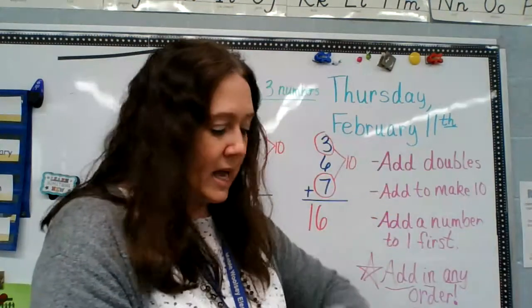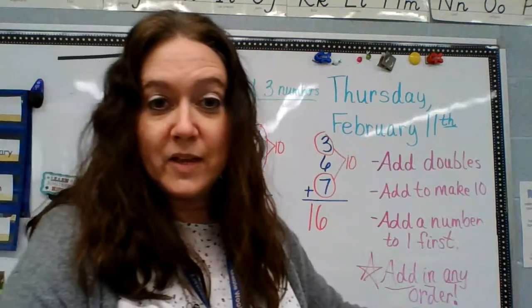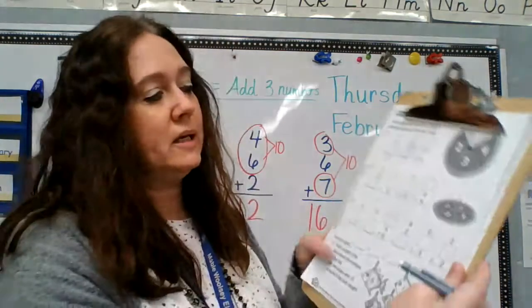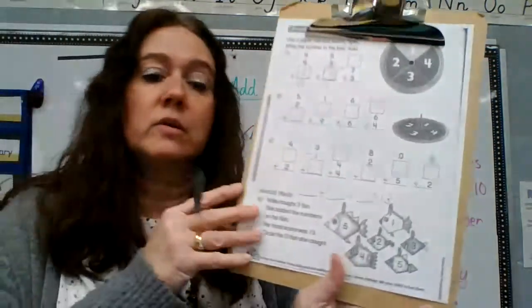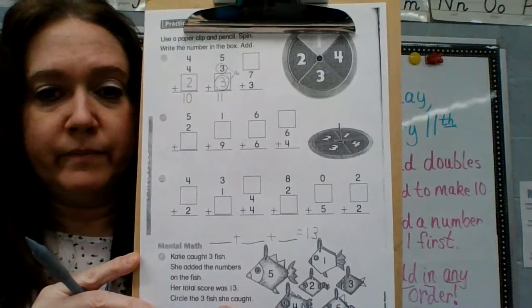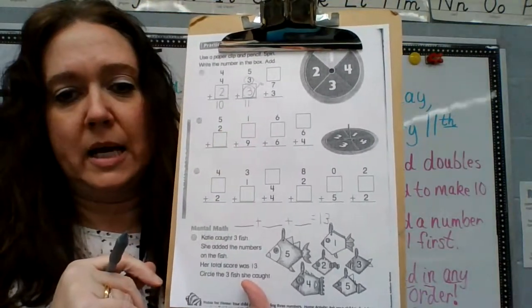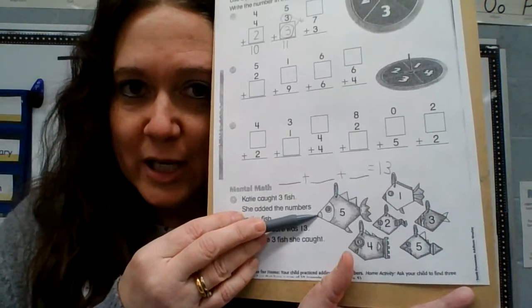But really you can add in any order. Okay. The other side, you are spinning to fill in what's going to go in your problem and then adding the 3 numbers. You don't have to circle it on this side. Okay, if you know the answer, you can stop the video.